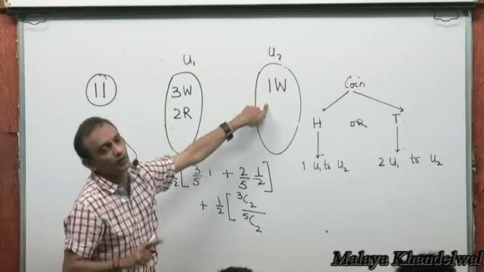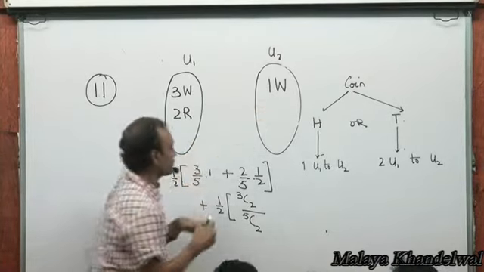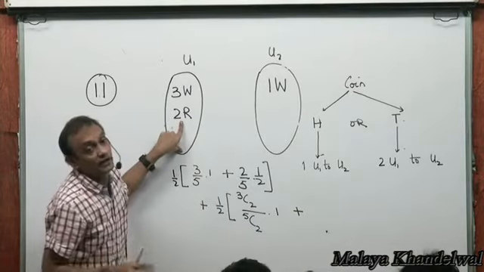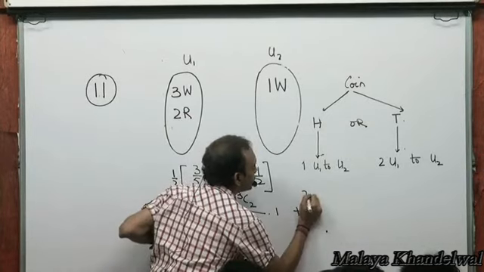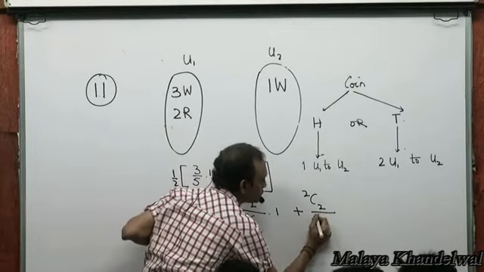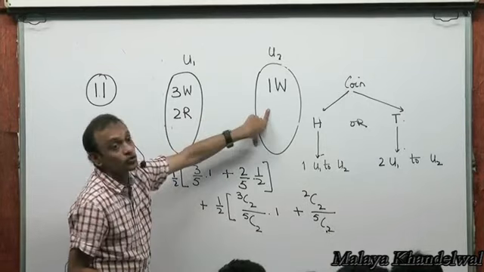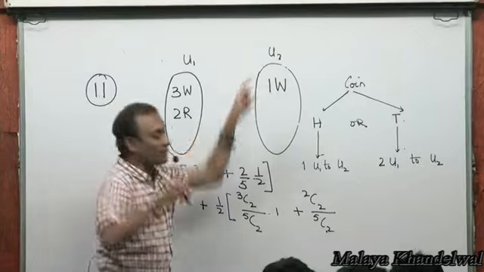Now the probability that a white ball gets drawn is 1, because now there will be 3 white balls here. That's 1. Now the probability that 2 red balls are transferred from U1 to U2 would be 2C2, which is 1, divided by 5C2. Now it has 2 red and 1 white ball. The probability that a white ball is drawn is 1/3.